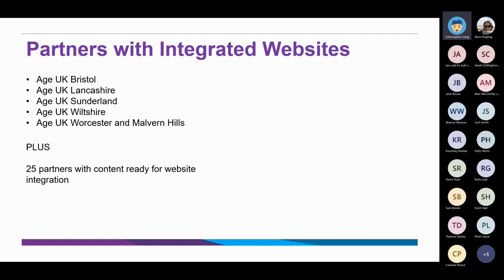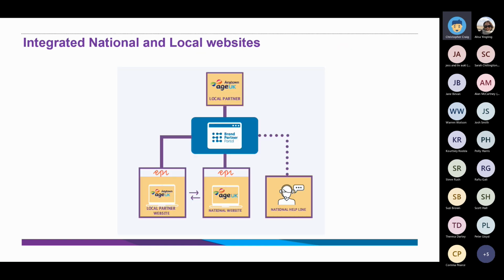If you then go to the next slide, you'll see that for the user, for Age UK and for the helpline, it's a better way to access this information. The local partner will put their information in, the website pulls out that information, the local websites pull out that information, and the national helpline can also get that information, but it's all stored in the portal.